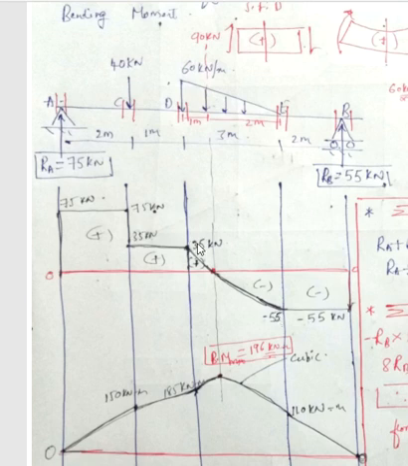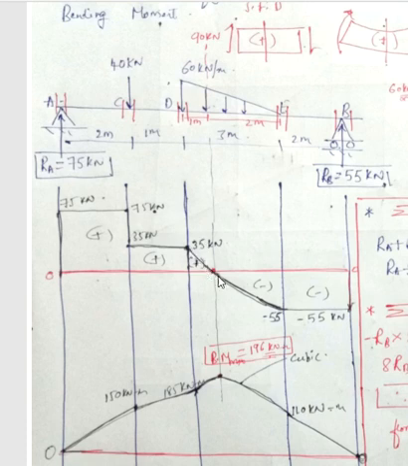Now how to join them? We all know that when I convert it into a point load, it will be acting at the centroid near to this point. So from here, it should pass like this. I cannot make the curve like this, because it will intersect near to this point. But since the force is acting near point D, I want the curve to pass near to this point.